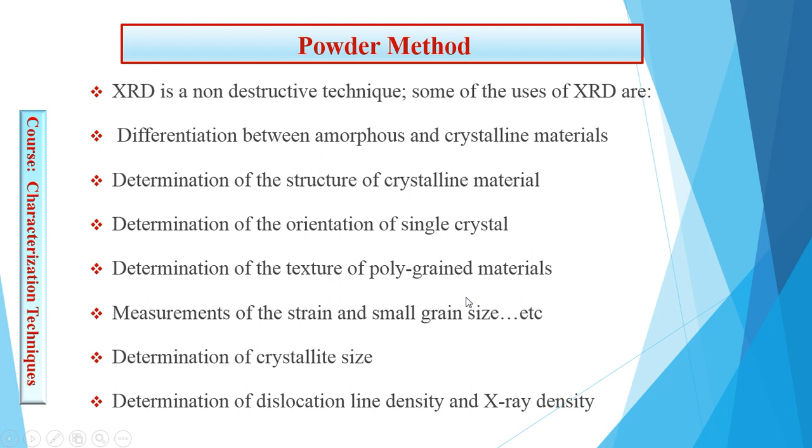With this measurement, we can find out the strain and small grains. We can determine the crystalline size with the help of the Scherrer formula, and we can also find the dislocation line density and X-ray density.